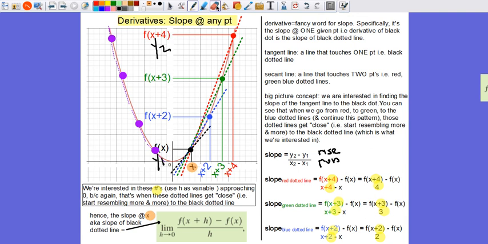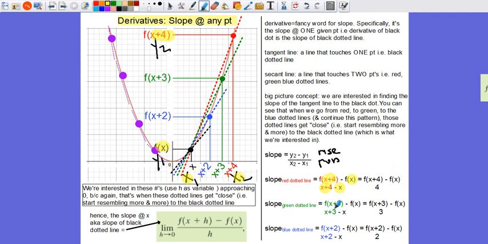Then x sub 2 minus x sub 1 is going to be this minus that. Now these x's cancel, and you're just left with that 4. Then I just copy the top.